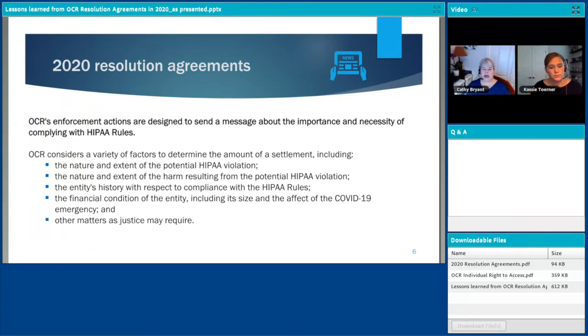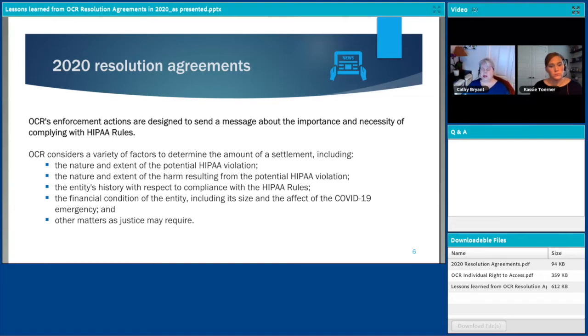The OCR does have a deliberate process that they go through when they are determining that a resolution agreement and penalty is necessary. The OCR really believes that these enforcement actions are designed to send a message to other covered entities that it's important to comply with the HIPAA rules.